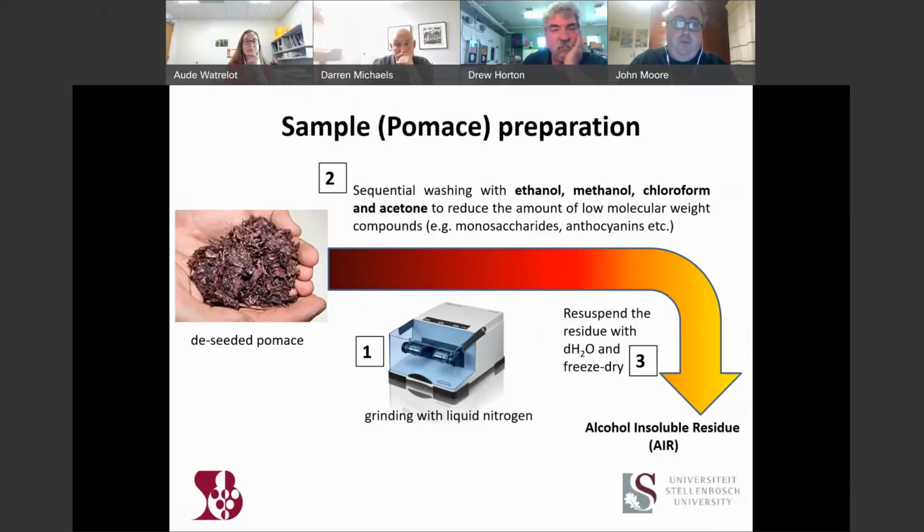pomace. So we milled the samples with liquid nitrogen. We did a sequential washing of the residue with ethanol and solvents such as methanol and chloroform and acetone. And we got a residue out, which we then probed with antibodies.